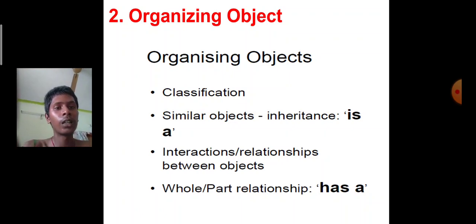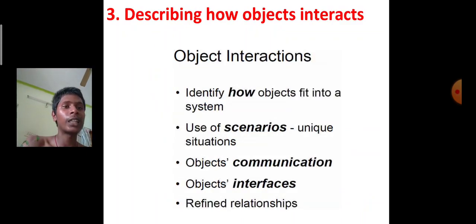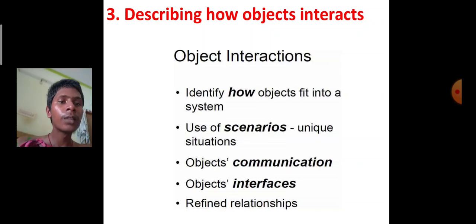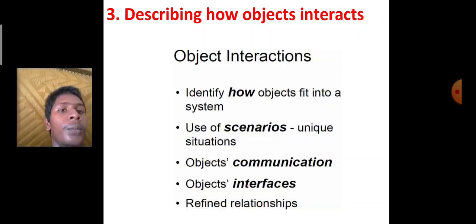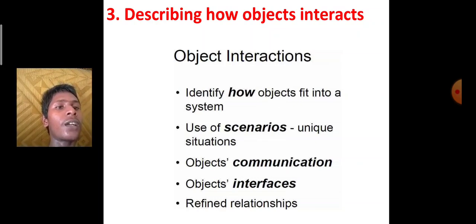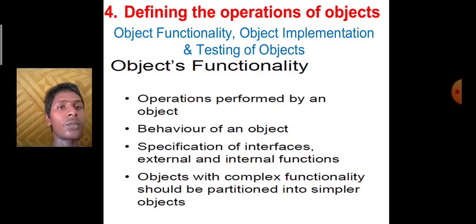Organizing objects: object classification, similar objects, inheritance is a relationship. Interactions: relationships between objects, whole-part relationship, has a. Describing how objects interact: identify how objects fit into a system, use of scenarios, unique situations, objects communication, objects interfaces, define relationships.